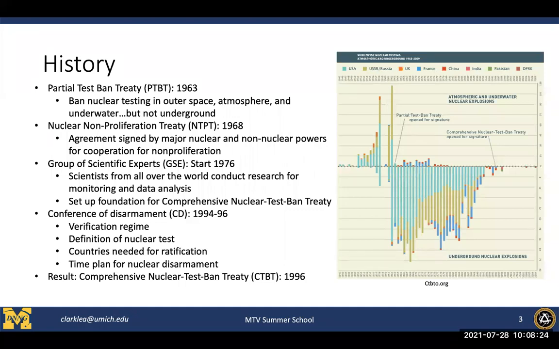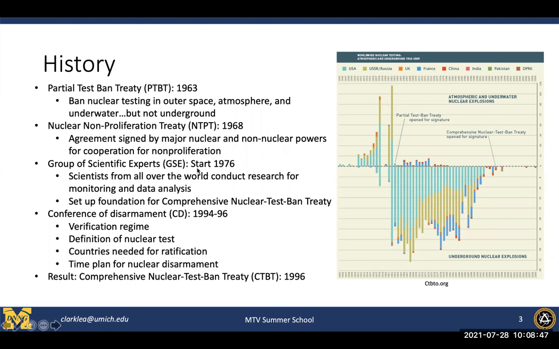Although this agreement did not actually prevent the spreading of nuclear weapons and technology, it was very important at the time, with the Cold War arms race and big concerns about the consequences of nuclear war. And it was a success in arms control advocacy and cooperation between these nuclear and non-nuclear states.